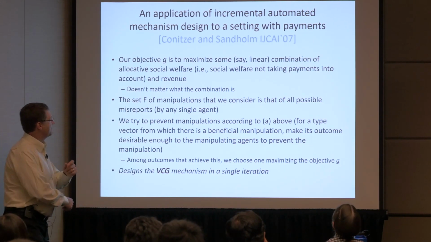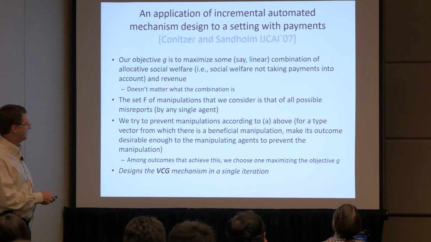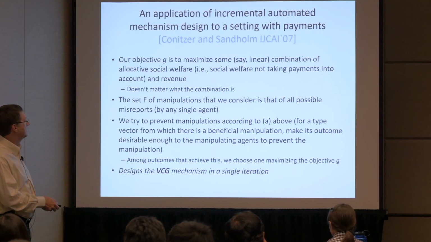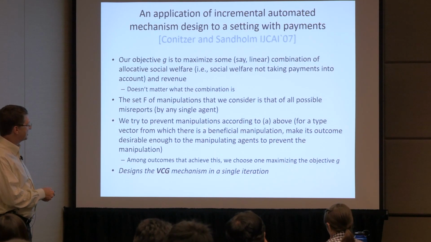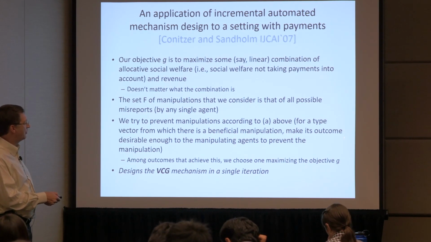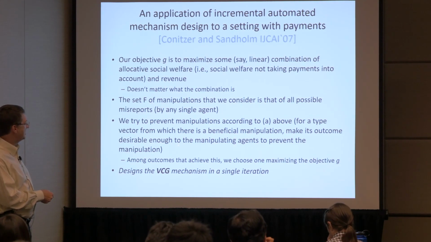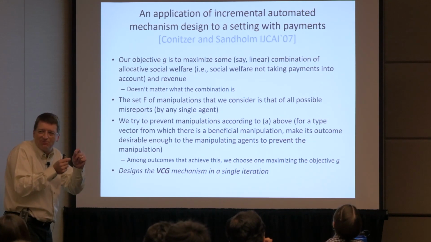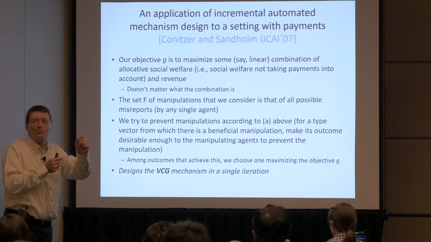We try to prevent manipulations according to idea A, approach A here. So for a type vector from which there is a beneficial manipulation, we make its outcome desirable enough to the manipulating agent to prevent the manipulation. And just enough. Not more than that.